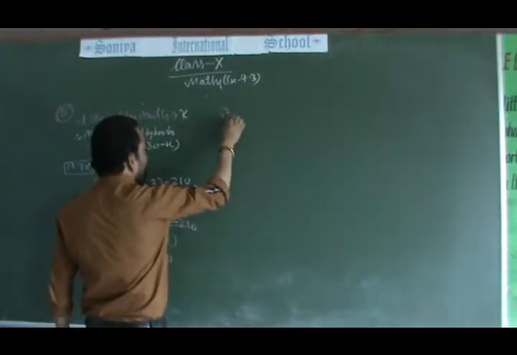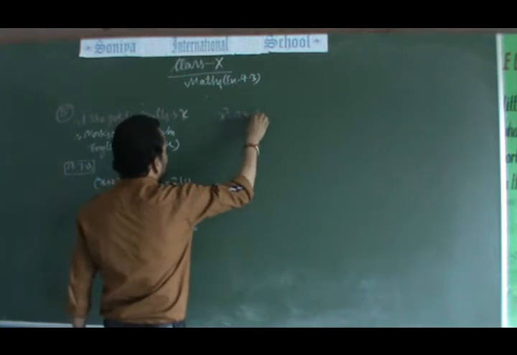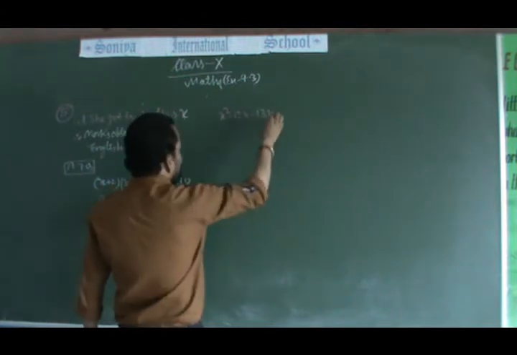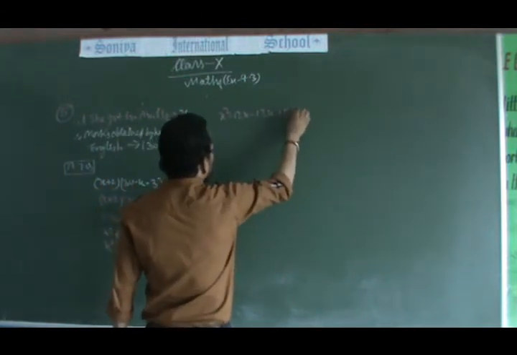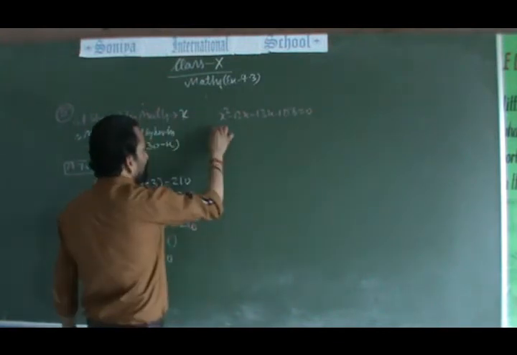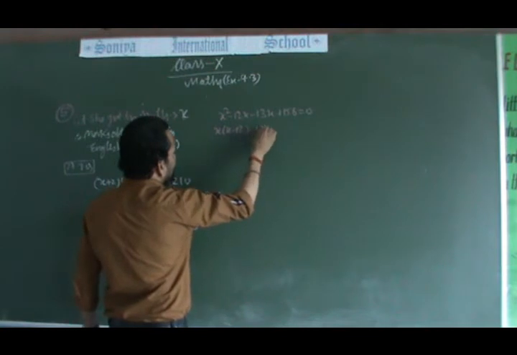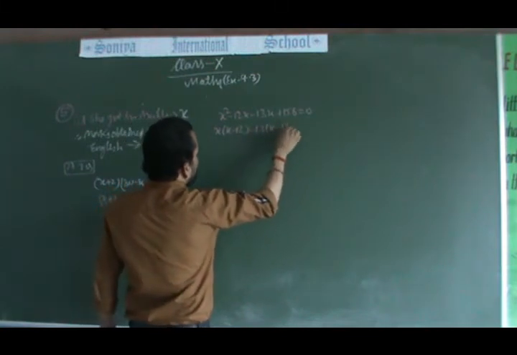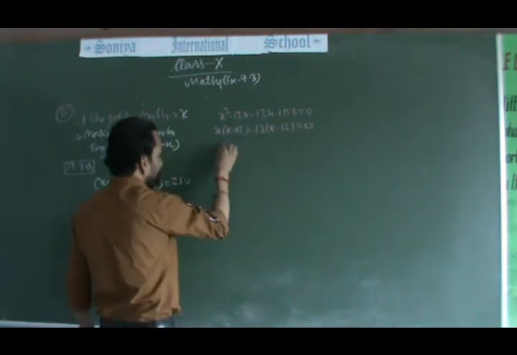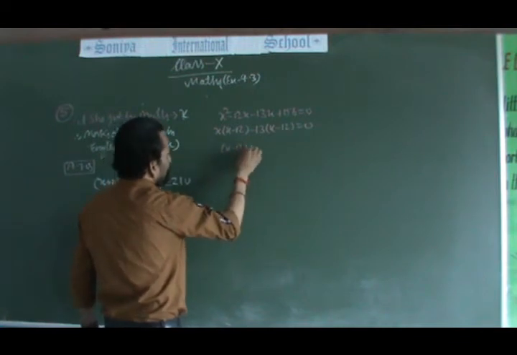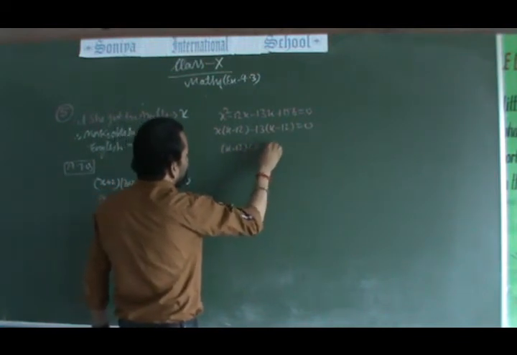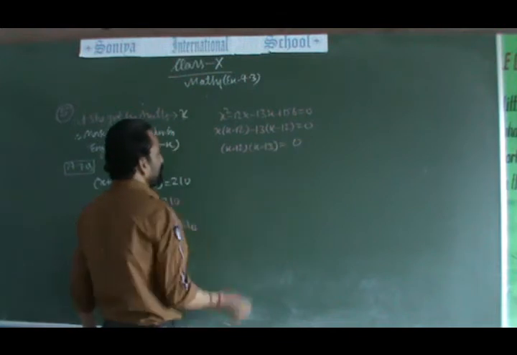Minus 12 and minus 13. Minus 12x minus 13x plus 156 is equal to 0. So x minus 12, and minus 13 is common. Again we get x minus 12 and x minus 13 is equal to 0.